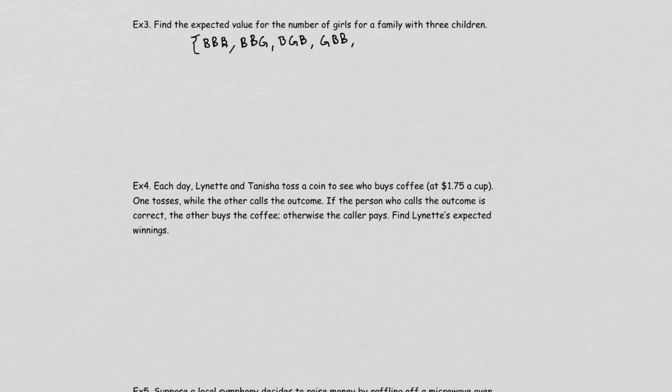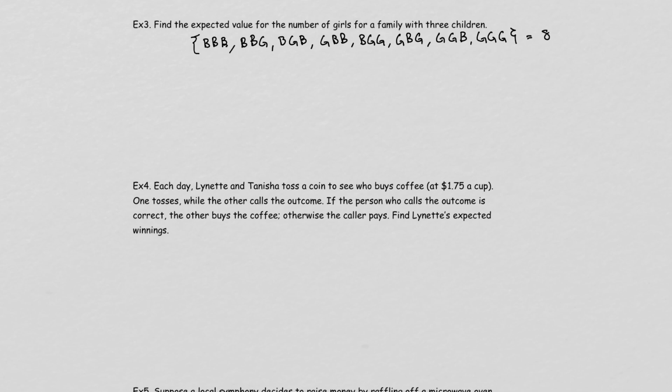And you could have 2 girls this time, right? So boy, girl, girl, or the boy on the second time, or the boy on the last. And then having 3 girls.